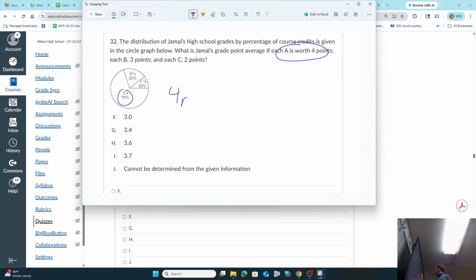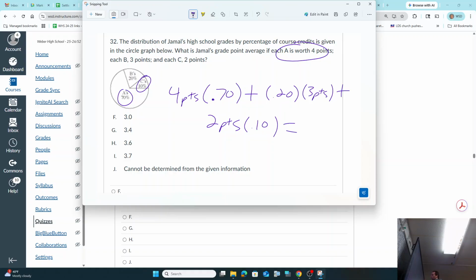So we take 4 points times 70%, plus the B's are 20%, and that's 3 points, plus the C's are 2 points, with a weighted average of 10%. When you multiply and add all those up, you end up getting H, which is 3.6.